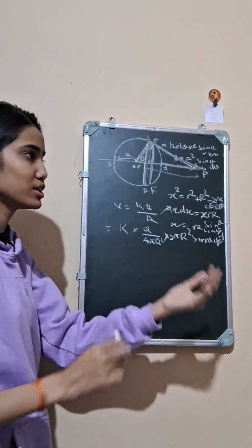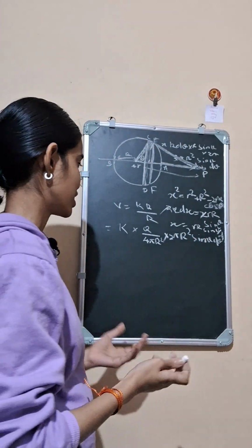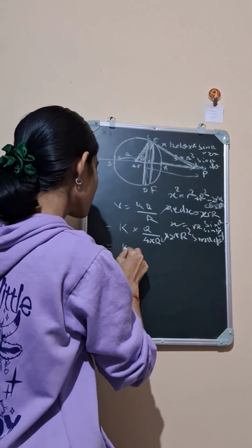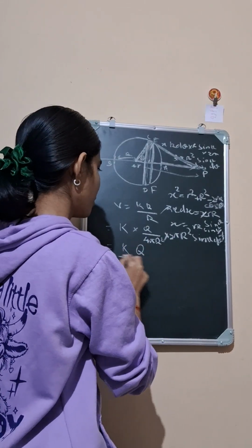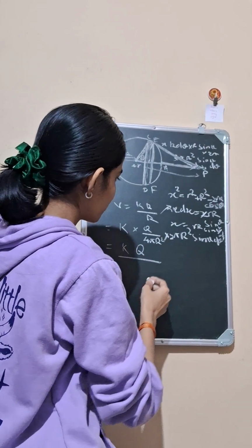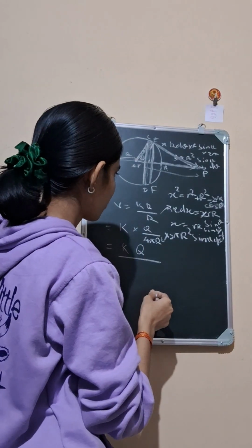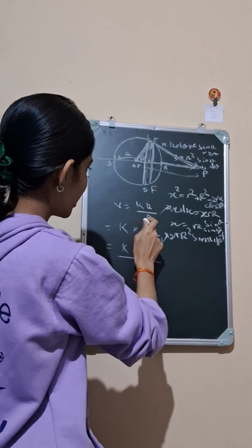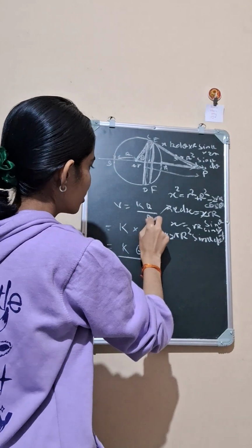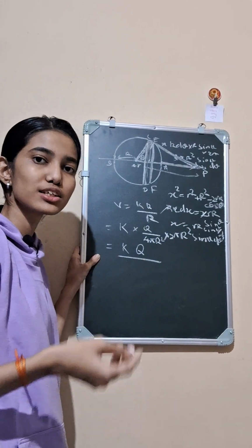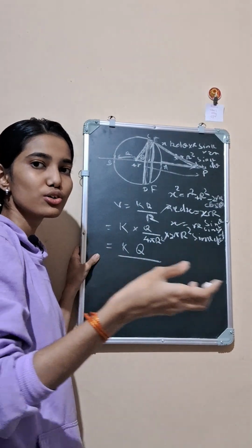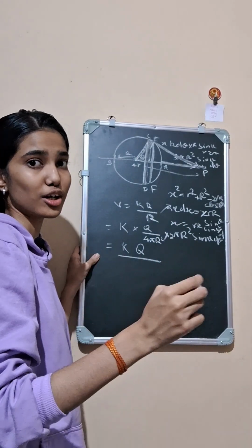From the law of vector addition, this will be equal to k q by 4 pi R square. Oh sorry, here I have not divided by the distance. What is actually that distance? It is the distance from the point charge to the point at which we want to calculate potential.